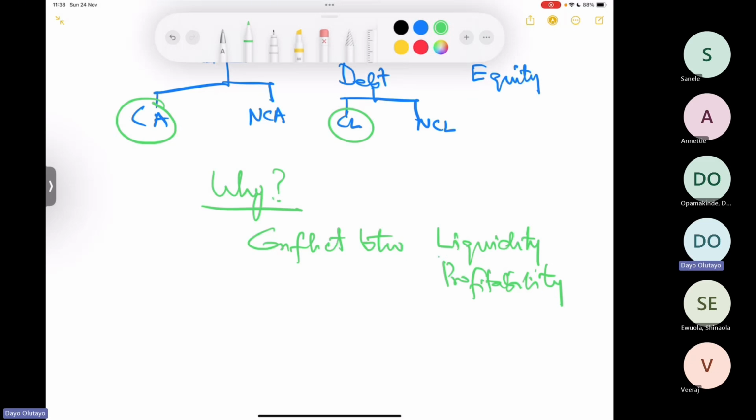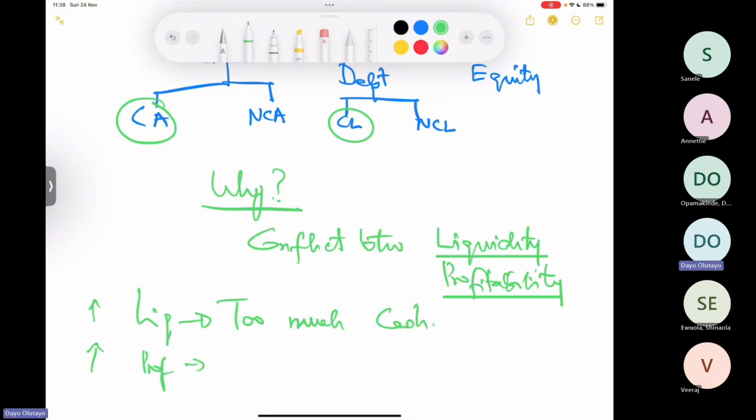Okay. So there's always a conflict between liquidity and profitability, and you can tell why. What is liquidity? Liquidity means too much cash. You have a lot of cash. And high profitability means a lot of profit.